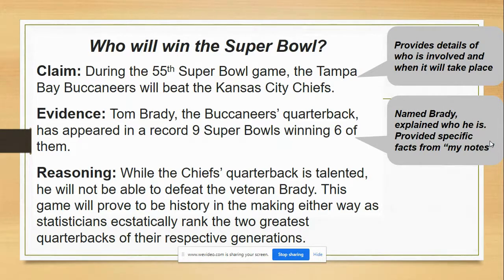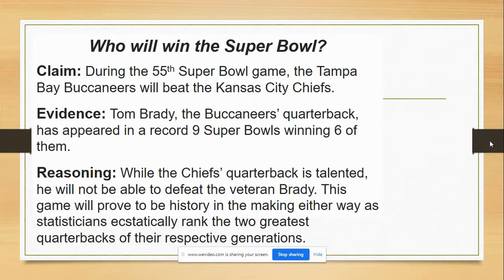In the evidence, Brady is named both his first and last name. And then there is some information here explaining who Tom Brady is, in case my reader is unaware. And then I provided specific facts from my, quote, notes, if I had taken notes on this subject, providing specific details. He's been in 9 Super Bowls. He has won 6 of them. This is why I think he is going to beat Kansas City.